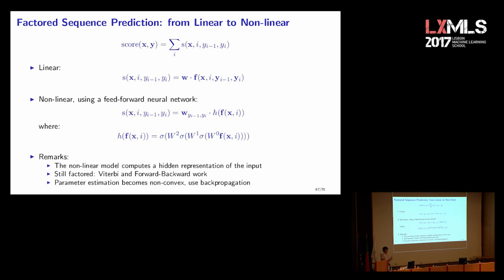But I could still have a factored model with nonlinear scores. You can compute these scores with some neural network that takes the input, let's say a sequence, and a certain position, and computes some vector. People do this now with a BiLSTM. You run an LSTM left to right and right to left, and for each position, you get two vectors. You put them together, and you get a feature representation of a position of the sentence conditioned on the full sentence.